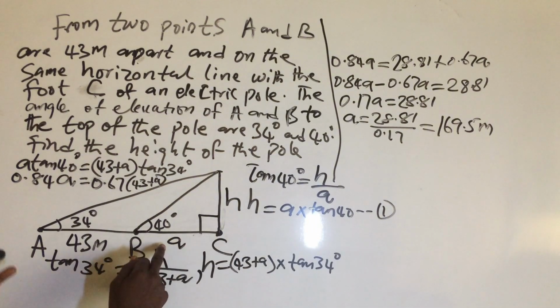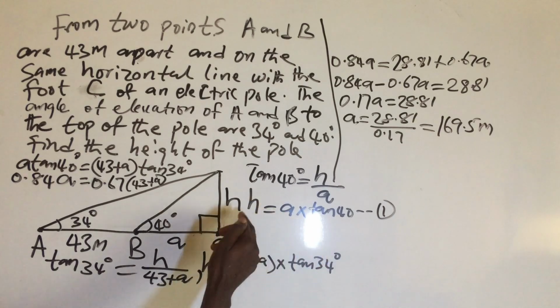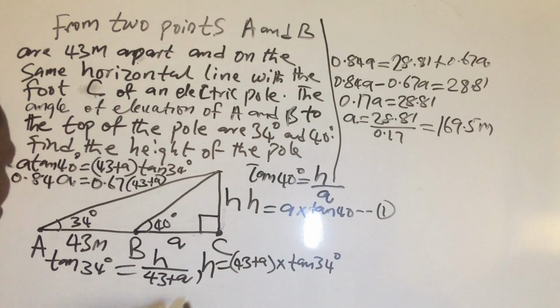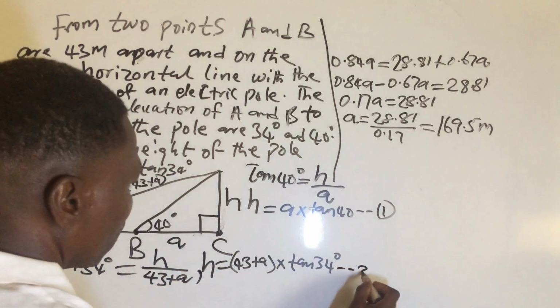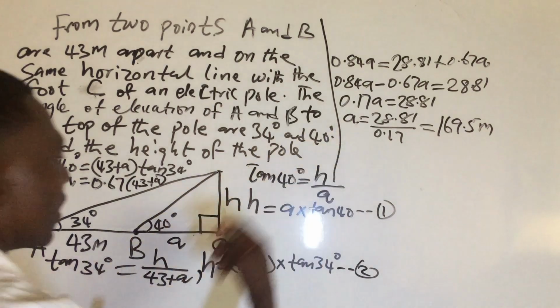So now, since we have gotten a, we can use any of the formulas to find our H. We can either use equation 1 or equation 2, okay? Now let's use this one that is simpler to find the height, since we have gotten our a.